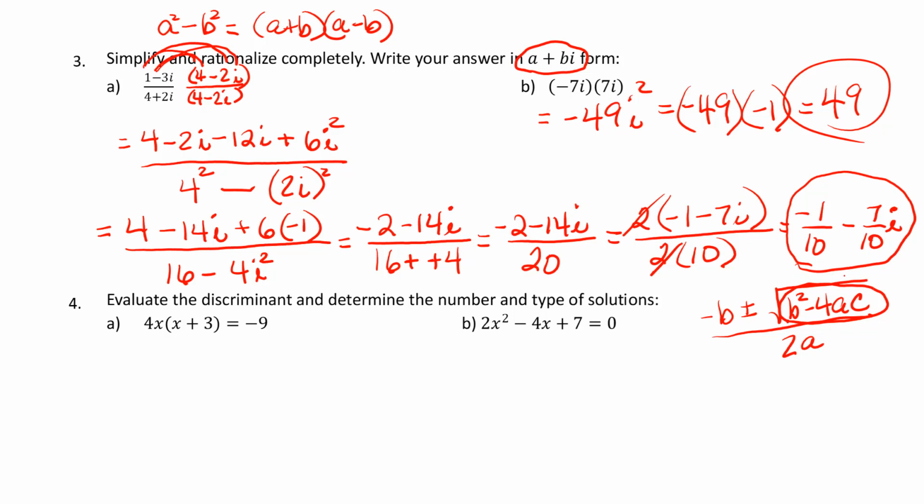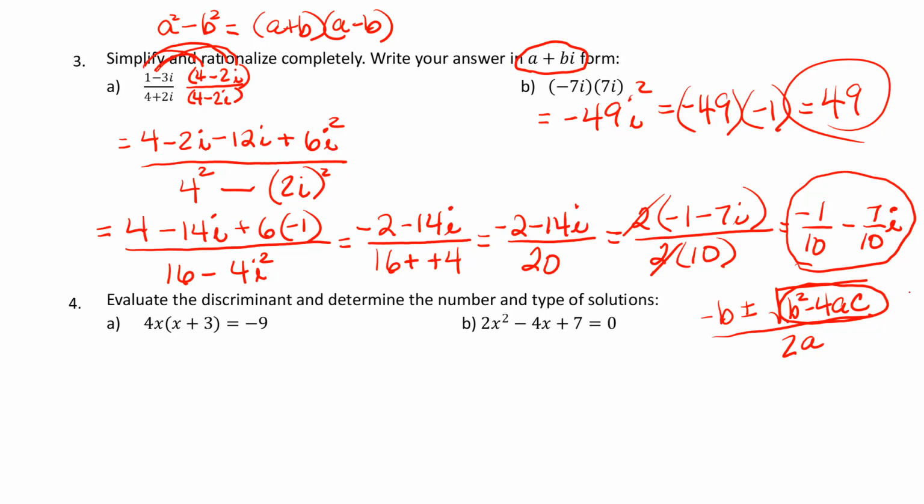If the discriminant is negative, then you're going to have two complex solutions, because you're going to have negative b plus or minus the square root of a negative number, which is imaginary, all over 2a. So those are the three possibilities. Either that discriminant is 0, one real solution; it is negative, two complex solutions; or it is positive, two real solutions.